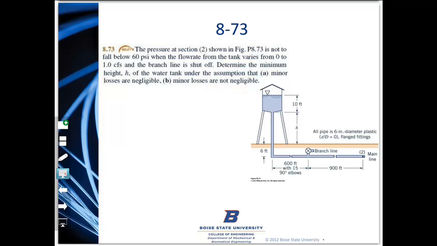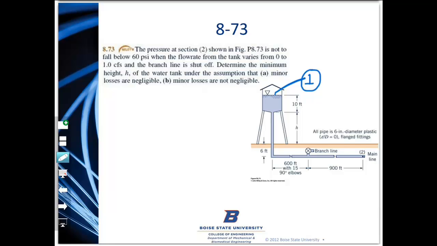So again, the basic idea is to try to come up with an equation which will have these head losses, which generally is our energy equation. So let's try to identify a couple of points in the system and then write an energy equation and see if we can come up with the losses. I have point 2 here, which is the main line. So I'll put another point here and call that 1. It's right on the reservoir.